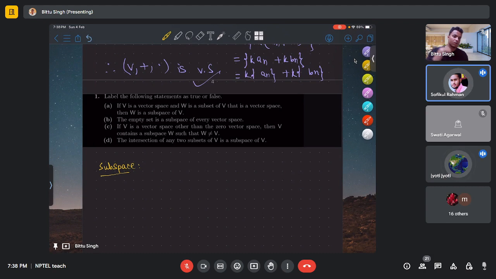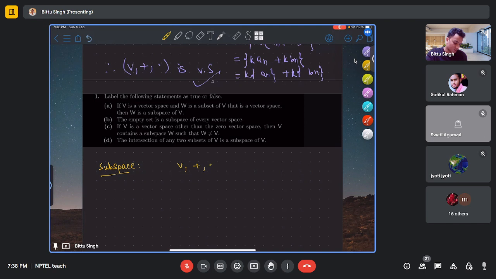If W is itself a vector space under the same operation and the same binary operation. Yes, sir, and the field must be the same also in that case. So given a vector space V over field R or F, suppose.